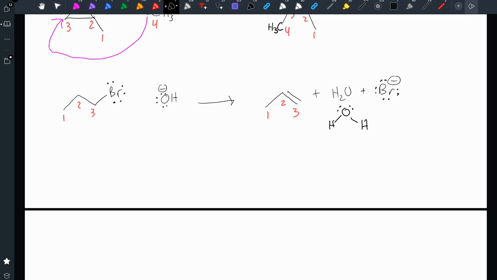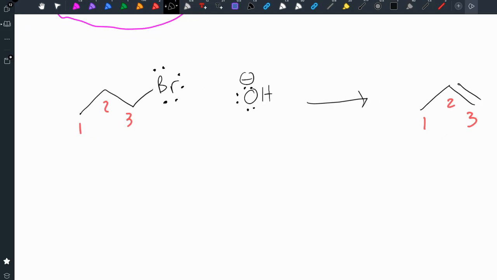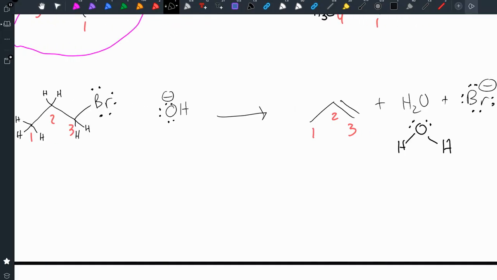So if I go back to my starting material and draw in my implied hydrogens, there are 3 of them here on carbon 1. There are 2 of them on carbon 2, and there are 2 of them on carbon 3. If I look in the product, carbon 1 still has 3 hydrogens. Carbon 2 has 1 hydrogen. Carbon 3 has 2 hydrogens.